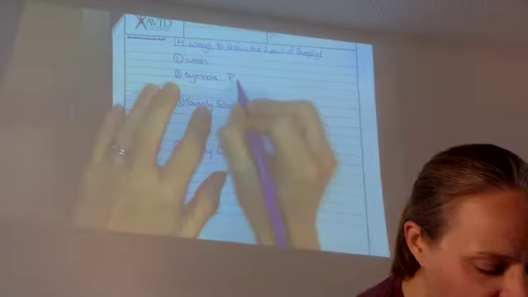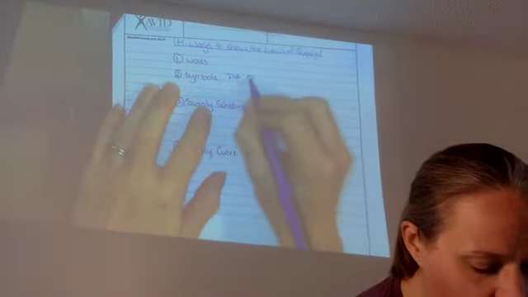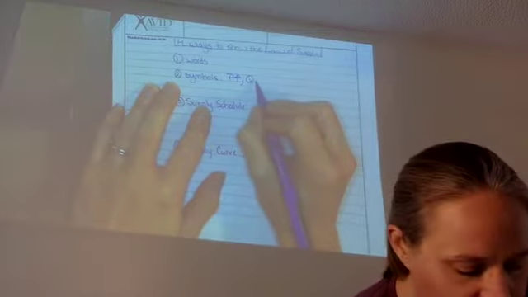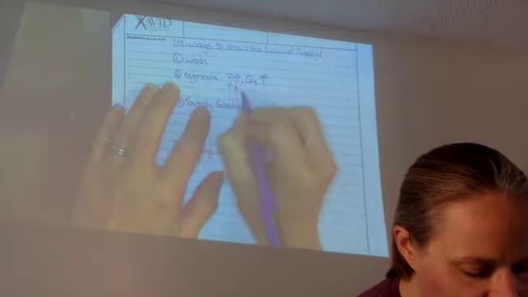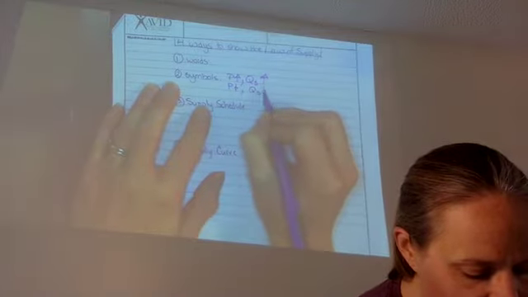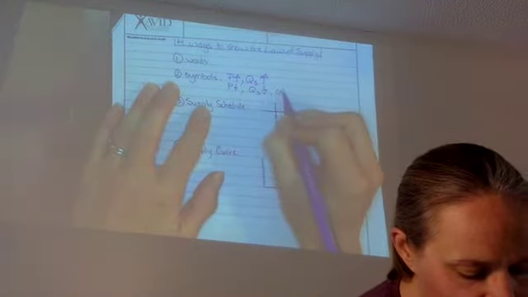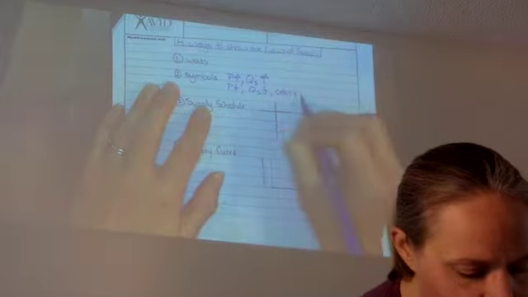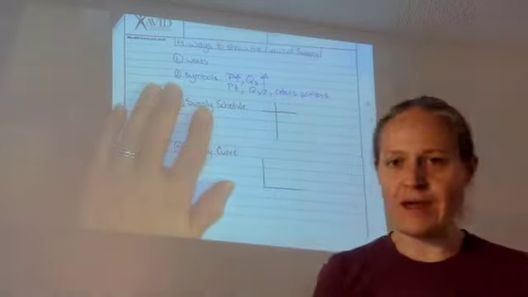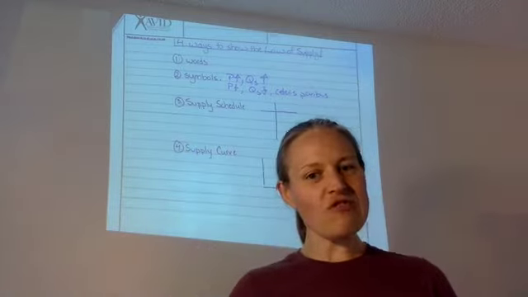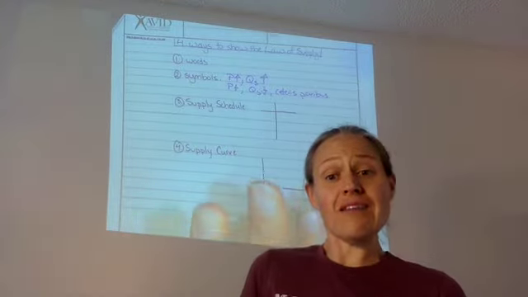So P goes up, comma, quantity supplied, so big Q, little s, goes up. P goes down, comma, quantity supplied goes down, comma, ceteris paribus. Okay. Remember that ceteris paribus is just all other things remain constant.